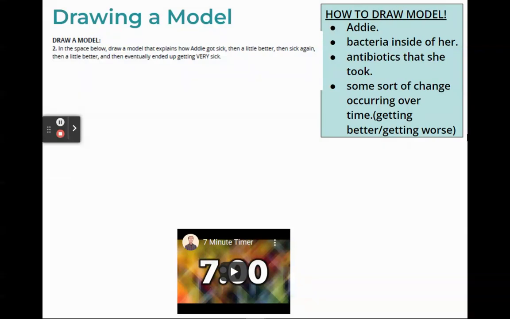Once you have your table wiped off and your markers back in the boxes, go ahead and answer question number 3.